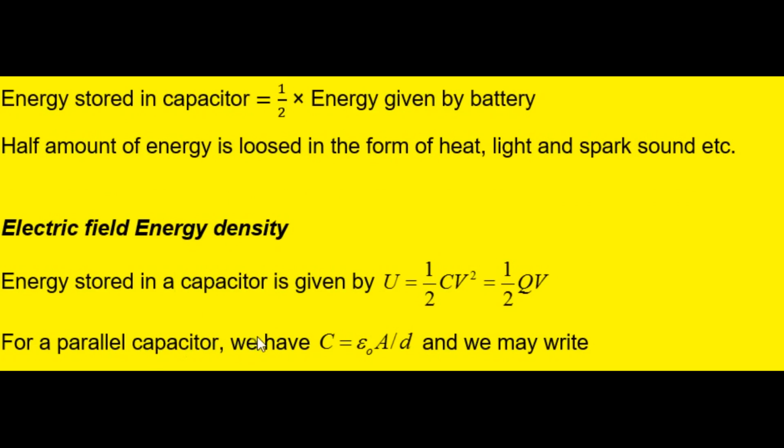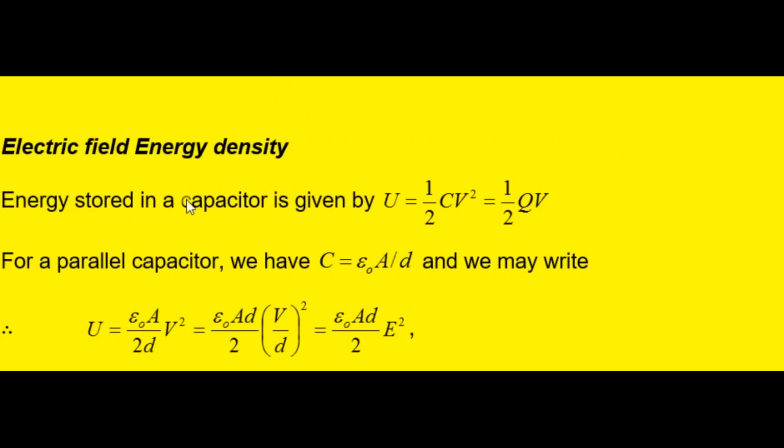For a parallel plate capacitor, C is equal to epsilon naught A upon D. Therefore U is equal to half epsilon naught A upon D into V square, that is U is equal to epsilon naught A upon 2D into V square. If we multiply numerator and denominator by D, where D is the distance between the plates and A is the area of the capacitor plate, we get U will be equal to this.